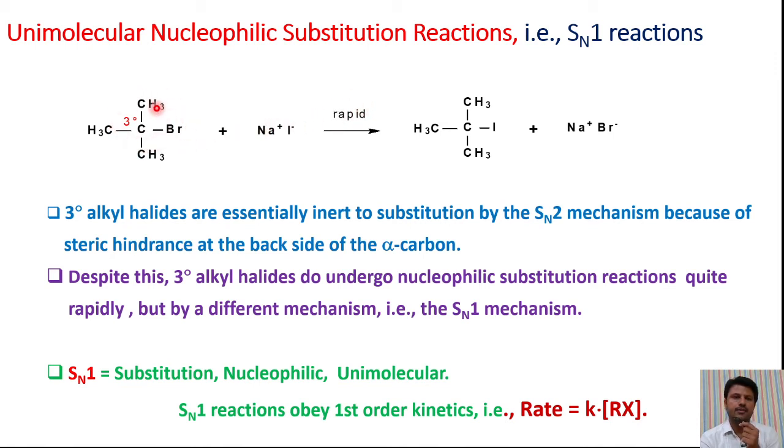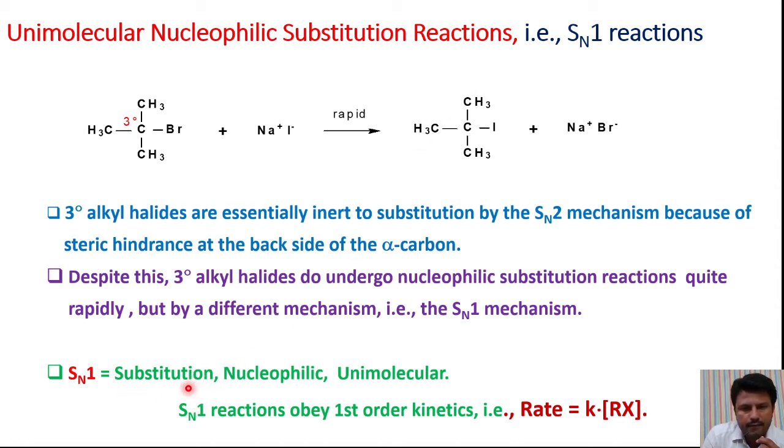Here in tertiary alkyl halides, first it will form a carbocation by leaving the halide ion. After the halide ion leaves, the alkyl halide will form a carbocation. To this carbocation, the incoming nucleophile will approach and form a new product.